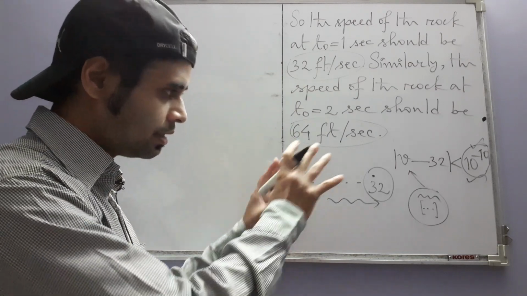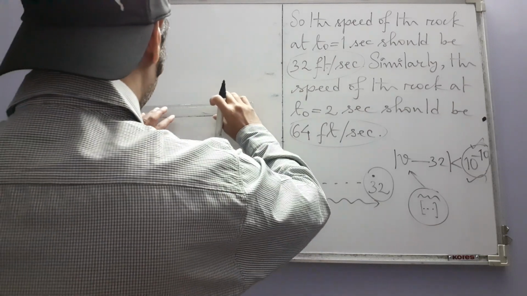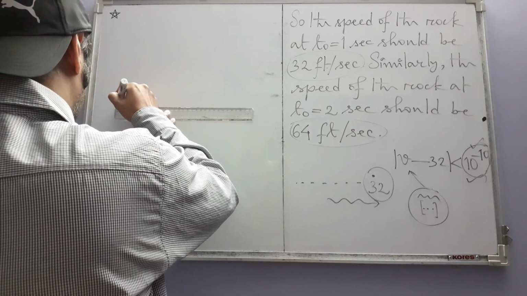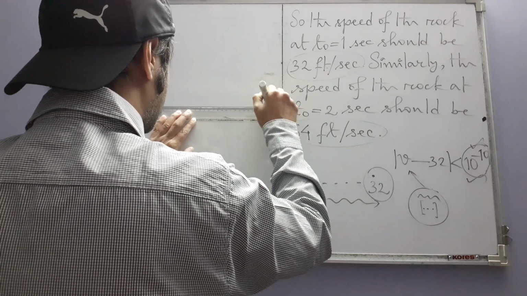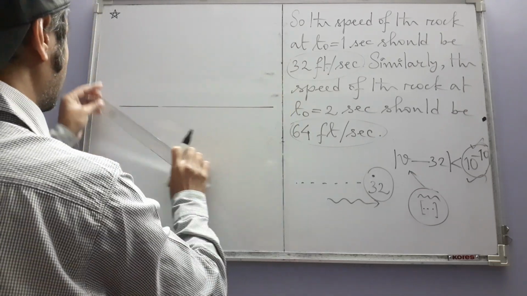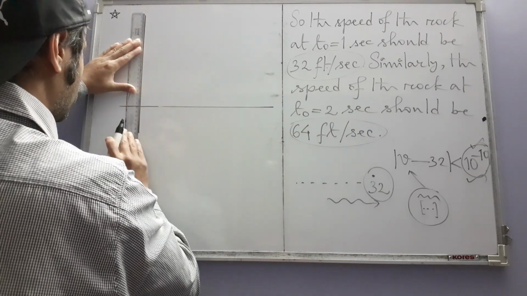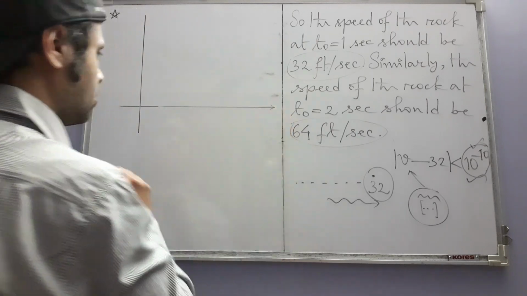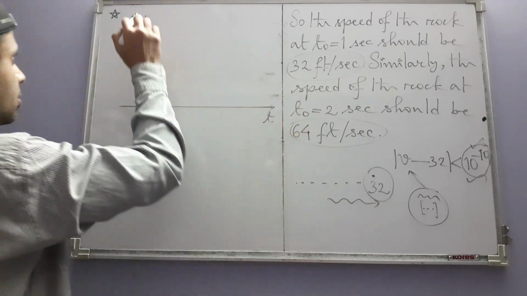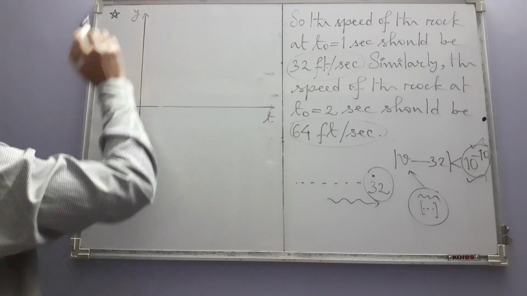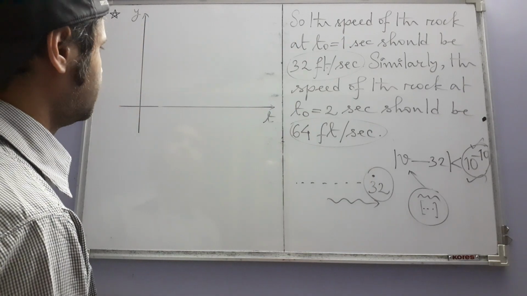What is going on in this whole thing geometrically? If one draws a graph like this, on the x-axis we take time t, and on the y-axis we take distance y, or the vertical distance through which the rock is falling.